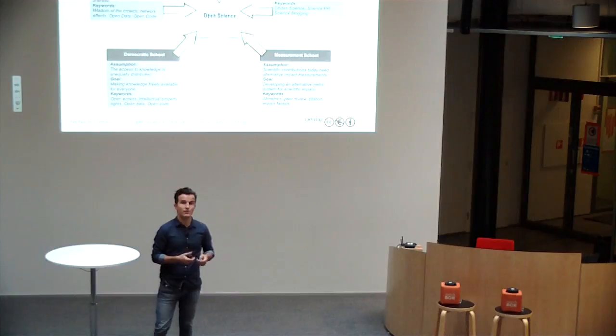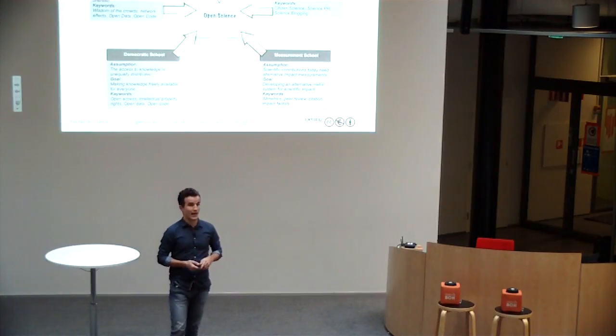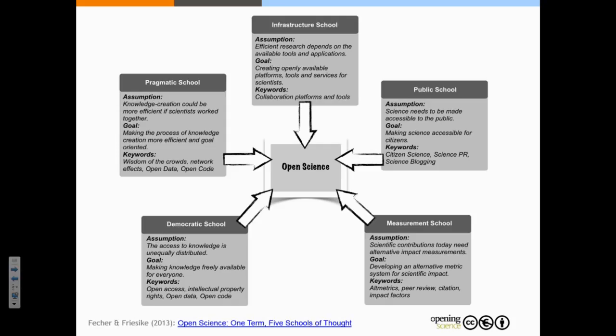But I do acknowledge fully that you may have different angles on open science, such as science needs to be more accessible to the general public. You might be interested in access to knowledge being equally distributed instead of being unequally distributed, and so on and so forth.